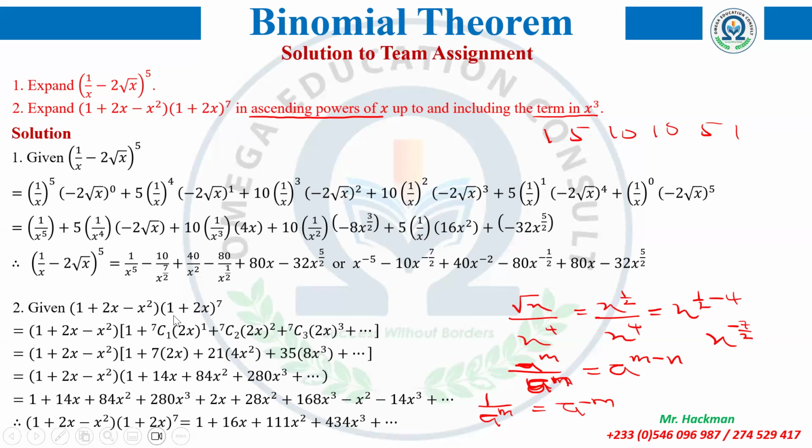If you compare, you see that your n is 7, then your new x is 2x. So it will be 7 combination 1, my x is now 2x to the power 1, plus 7 combination 2, my x is 2x squared, plus 7 combination 3, my x is 2x cubed. Then here I end there because of the nature of the question, up to the term in x cubed.